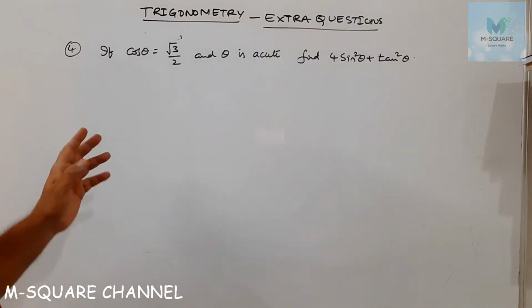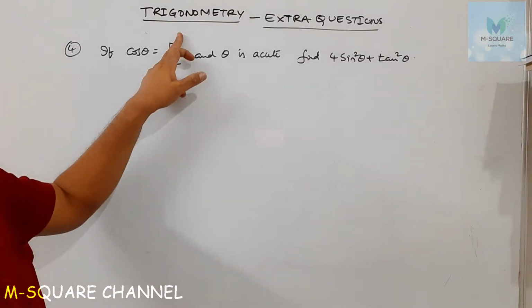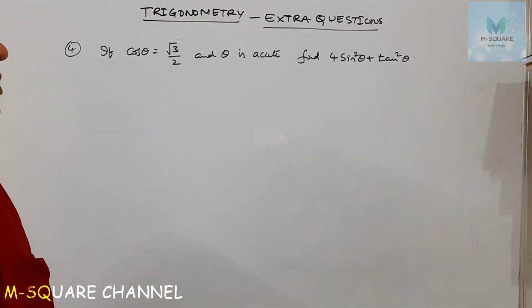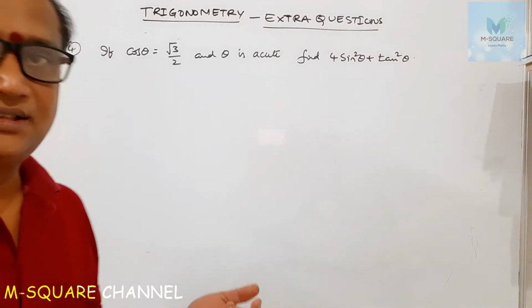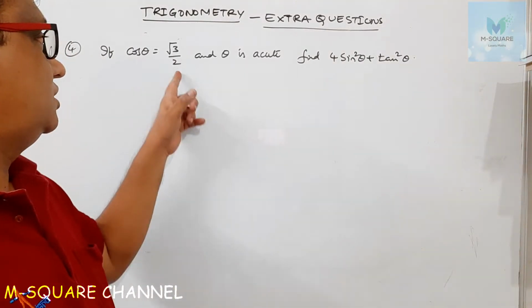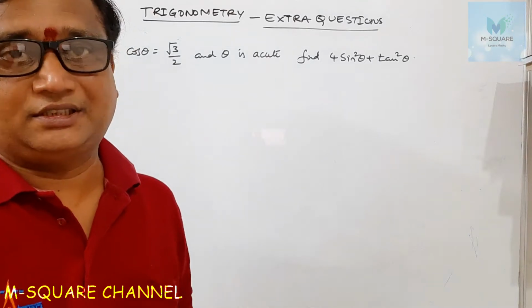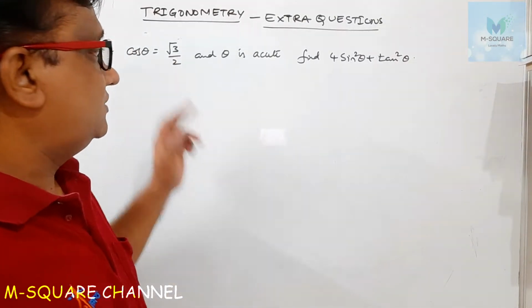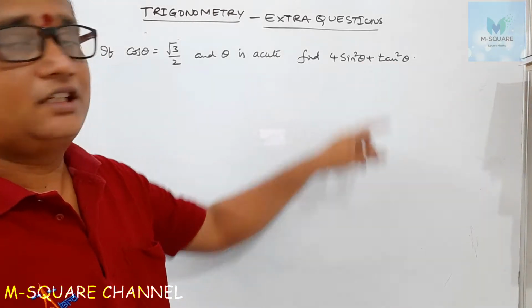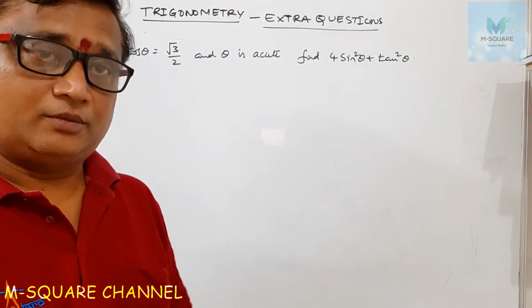In this question, cos theta equal to root 3 by 2 and theta is acute, find 4 sin square theta plus tan square theta. So you are going to extract the theta value because root 3 by 2 is in the table of cos theta. That is cos 30 is root 3 by 2. That's why theta value is 30. You can substitute 30 and 30 here, and we can get the answer. That is one method.